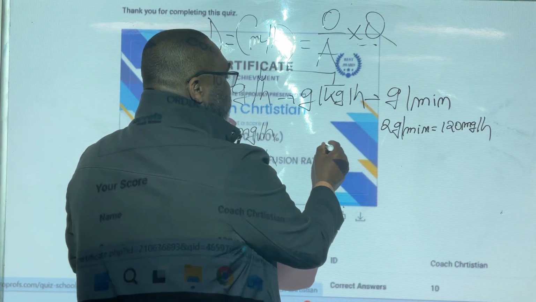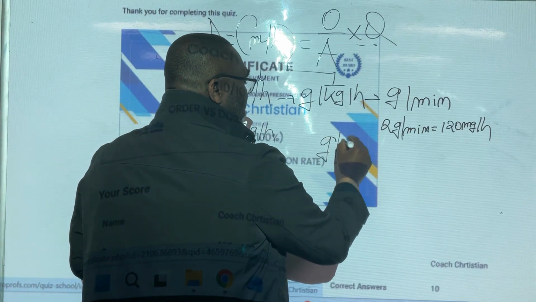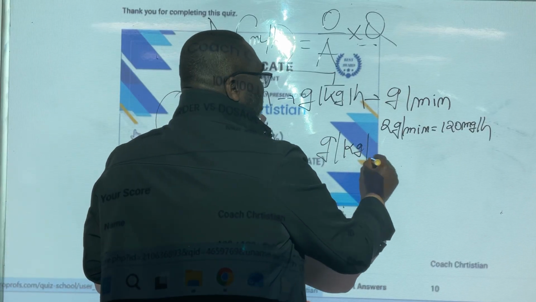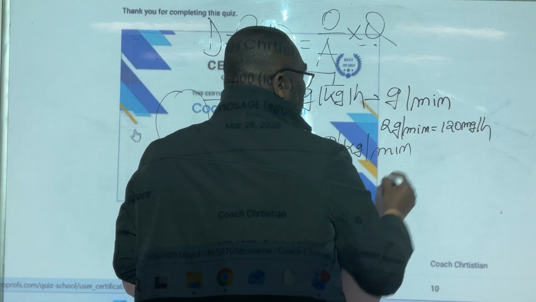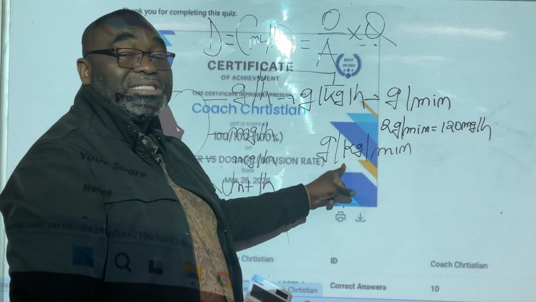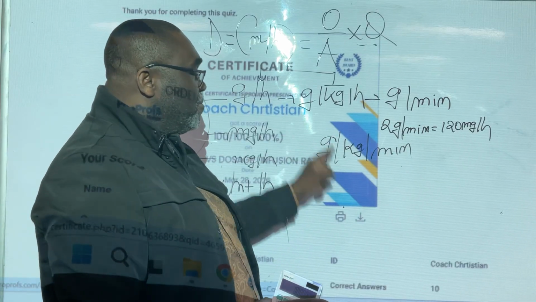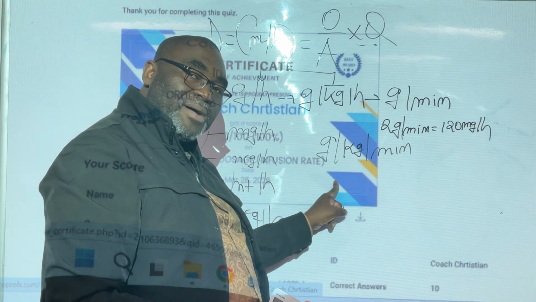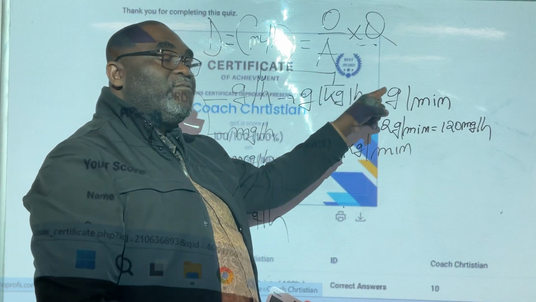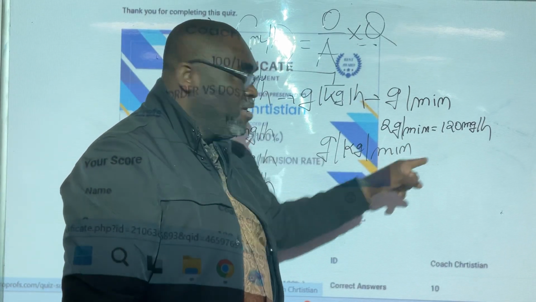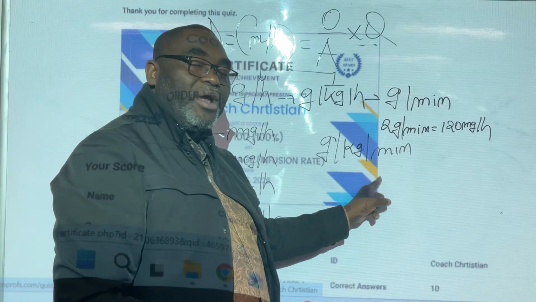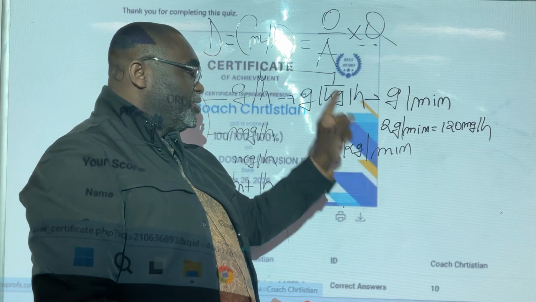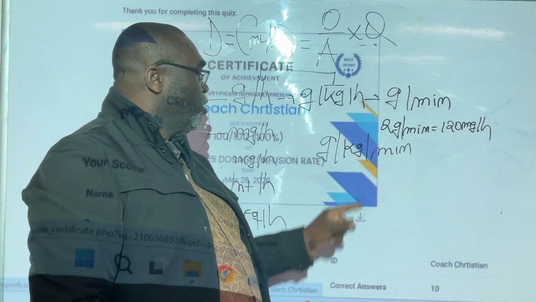Sometimes they will give you gram per kilogram per minute. So you have to multiply first by the weight in kilogram, like we did over there. After you multiply by the weight in kilogram, you have to multiply again by 60 because we have to take that back to gram per hour.